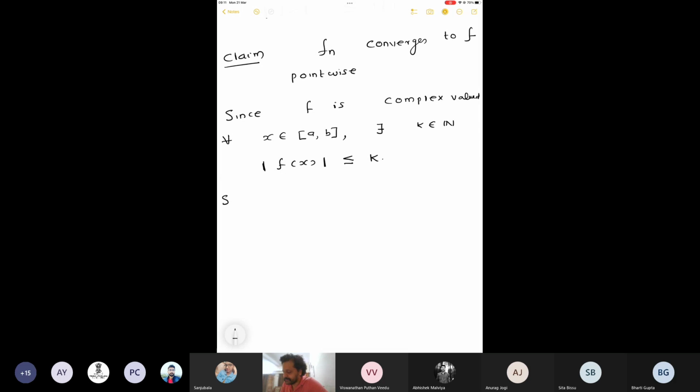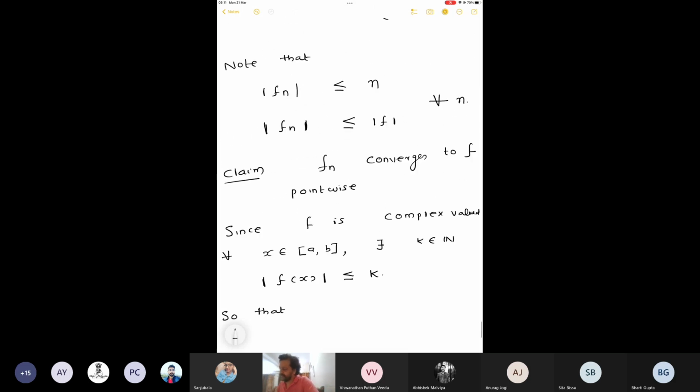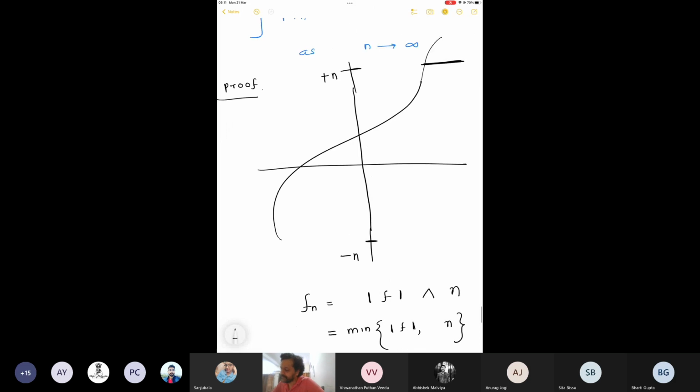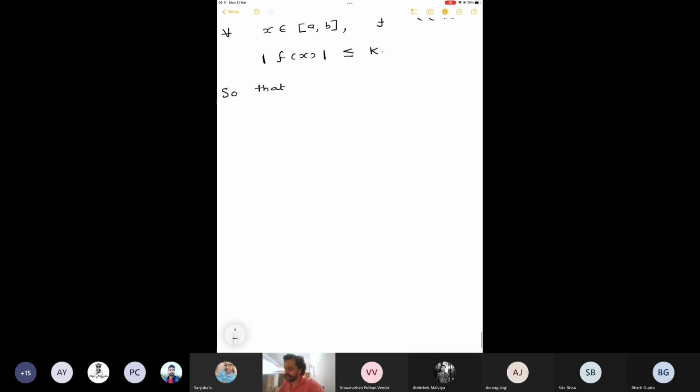So your f(x) graph, you remember. Suppose this is k and this is minus k. Okay. If n is greater than or equal to k, can you tell me what will be fn(x)?